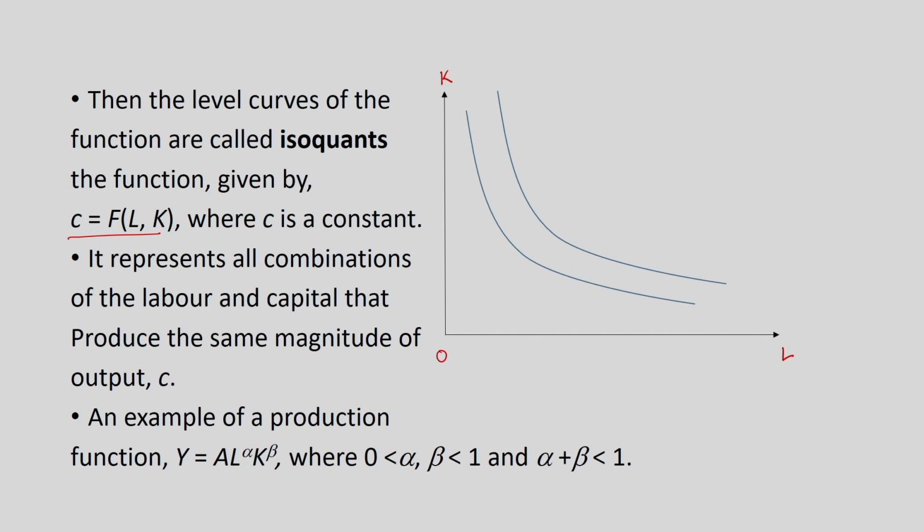So, you will have this sort of downward sloping functions which are convex to the origin, right. These functions are parallel, all of them are convex to the origin, and these are called isoquants.